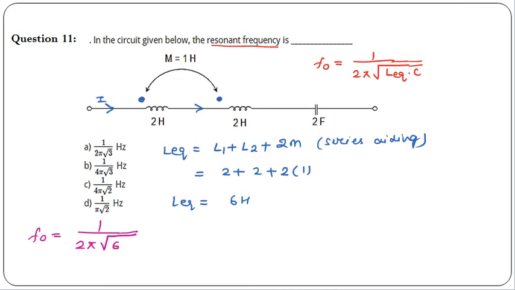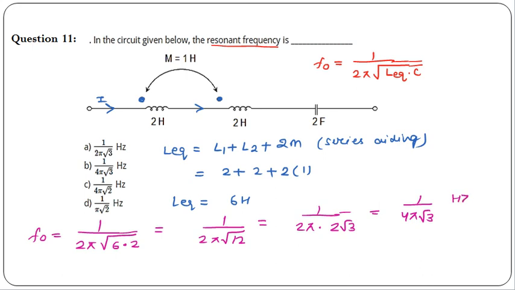L equivalent value we have obtained as 6 and capacitance value is 2. If we simplify this expression, it will be equal to 1 by 2 pi root 12. This can be written as 1 by 2 pi, root 12 is 2 root 3. So this will be equal to 1 by 4 pi root 3, and this is in hertz. So option B is correct.